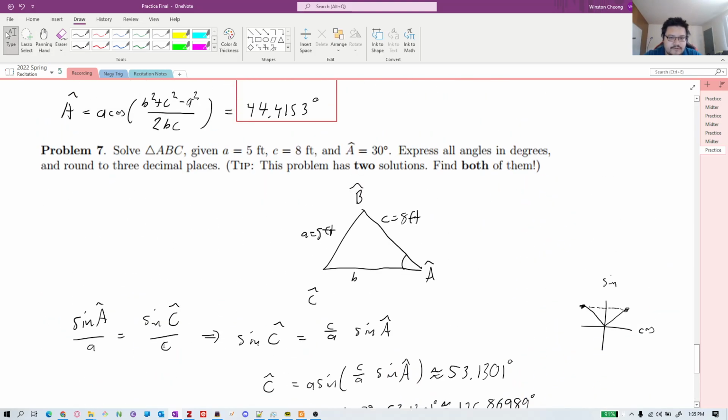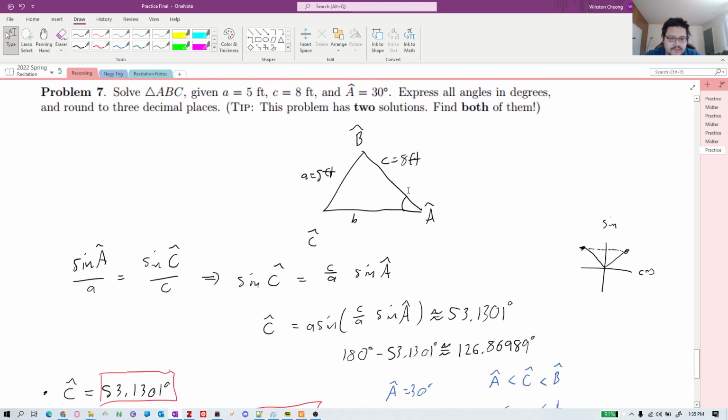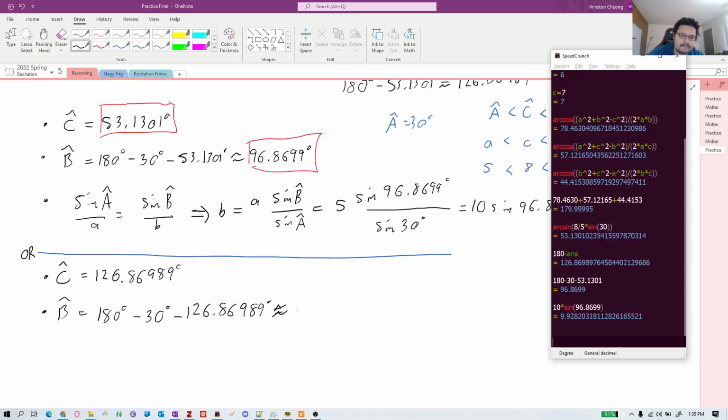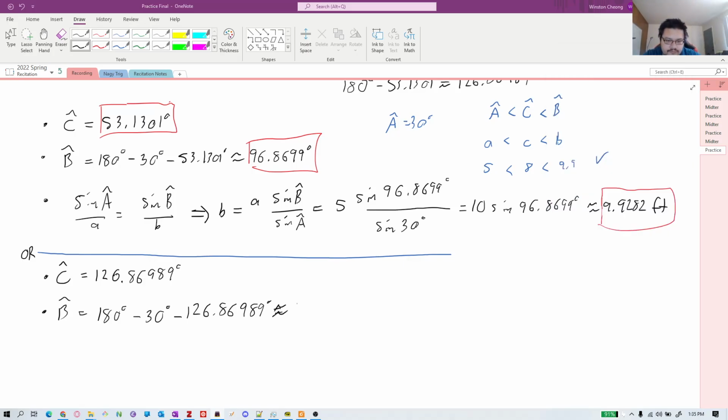Starting over, we were able to compute C, and then we subtract off to get B, and then we would find the side B. So we do the same steps, basically, just with a different angle. So 180 degrees, we subtract off 30, that is angle A, and then we subtract off this angle C that we are using, 126.8699 degrees, and let's see what this is. I should say approximately. So 180 minus 30 minus 126.8699 is 23.13011 degrees.